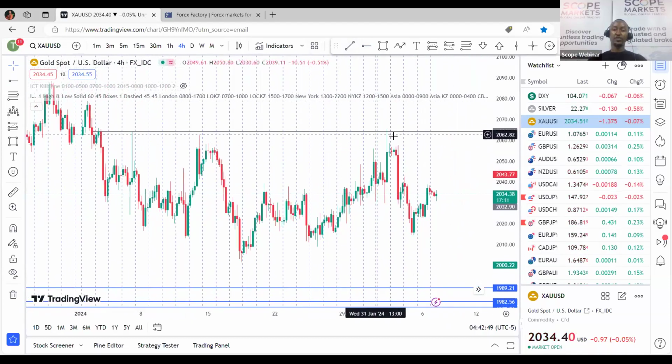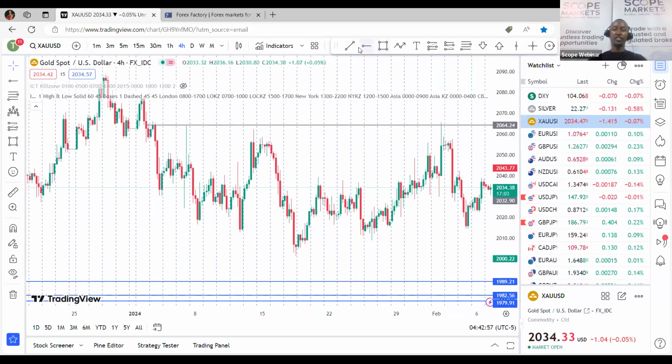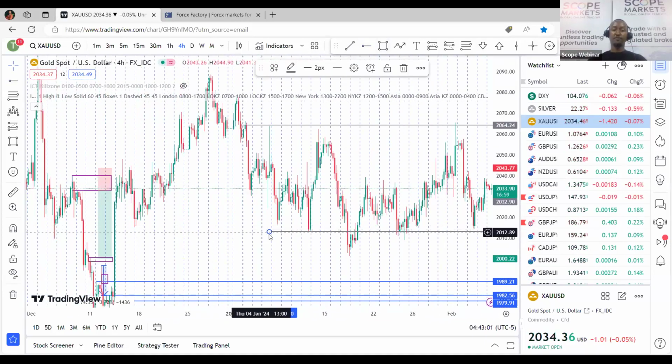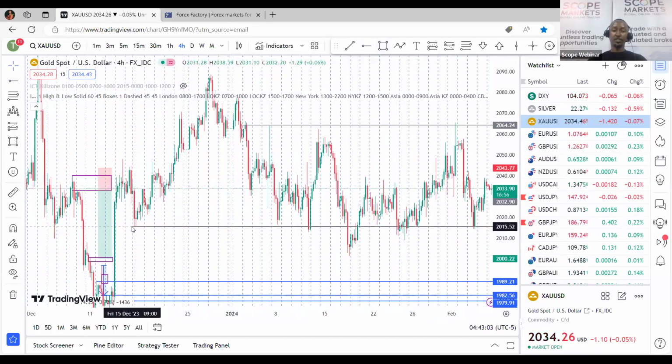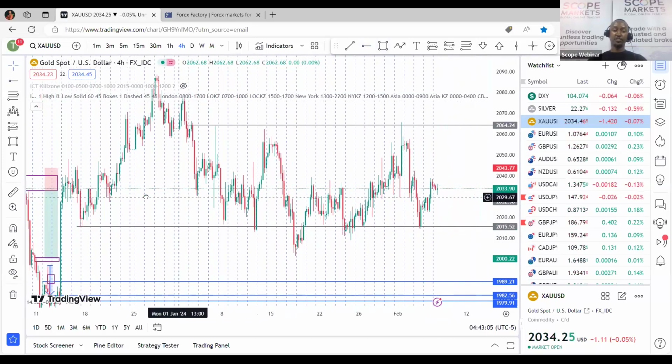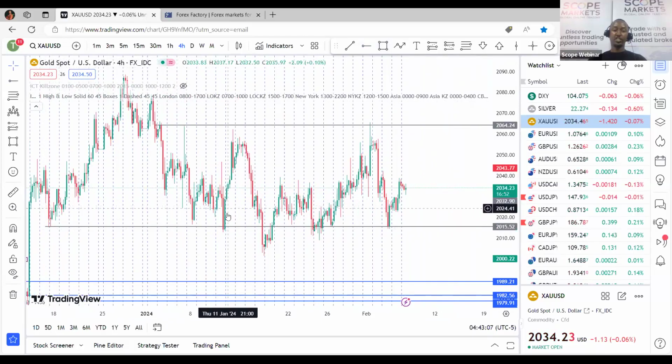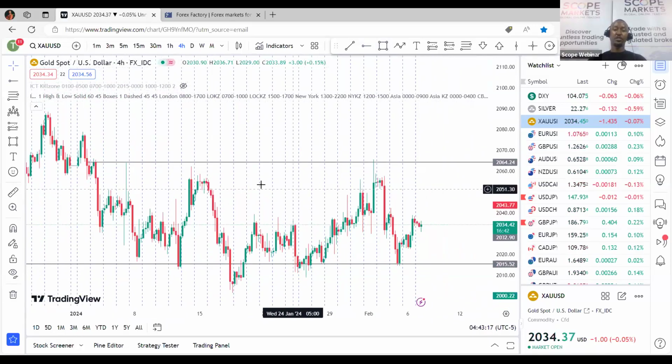So we could have sold the market once we saw this rejection, and you can see the market pushed all the way down to this particular level, where it reached an area of support. This is the first touch, the second touch, the fourth touch, and this was the fifth touch. So again, this is an area of support, right?